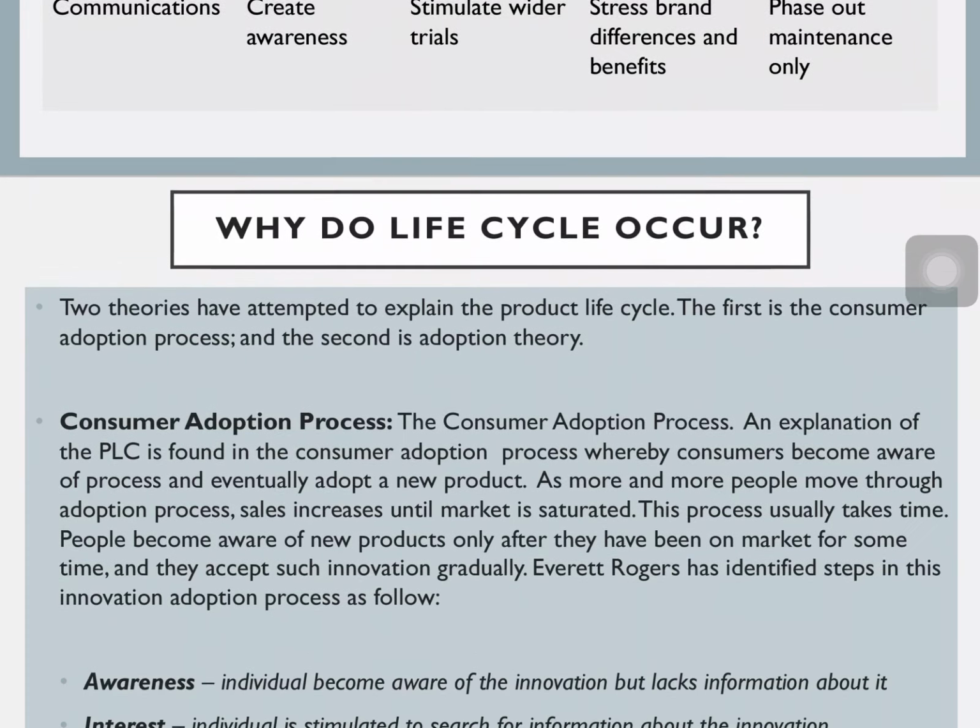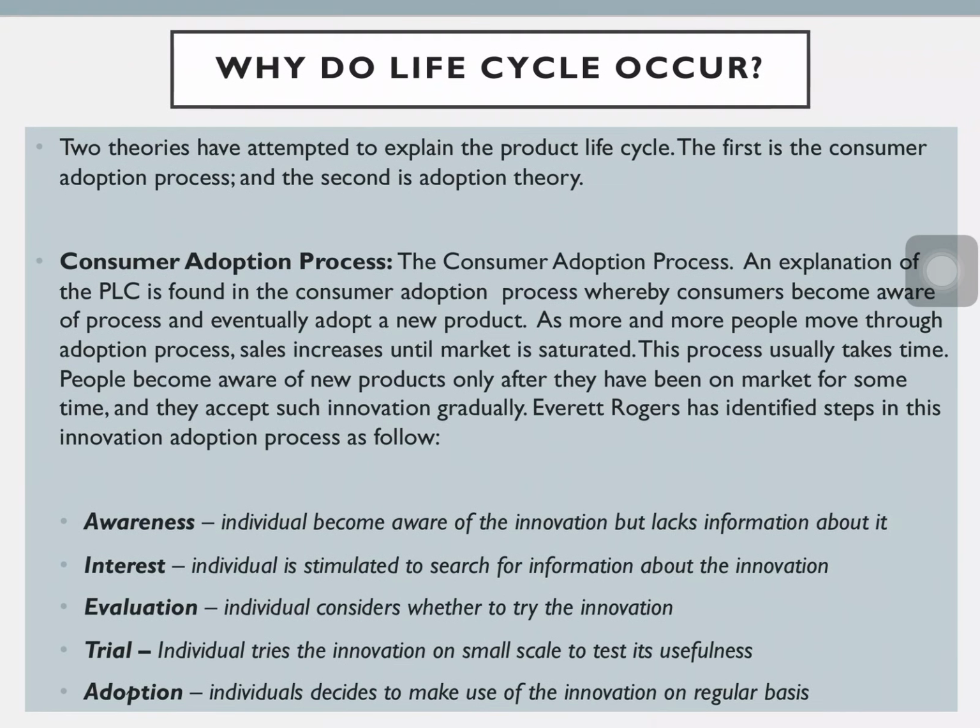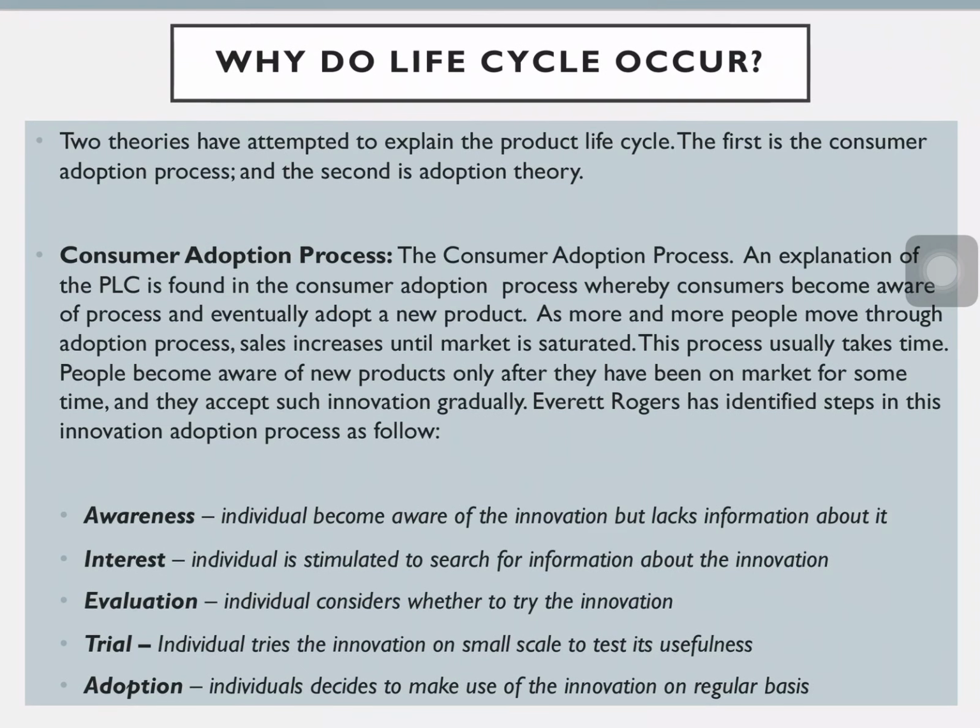Today, we will be having a discussion on why the product life cycle occurs. So, before we start this particular concept, let me give you a brief about what we have discussed so far. Product life cycle strategy is the most critical in the first stage and the last stage of the product life cycle.